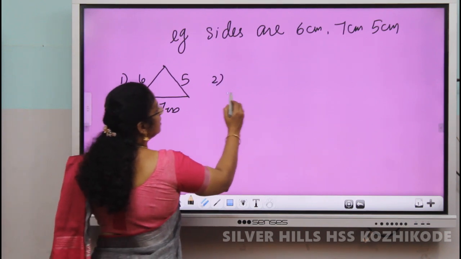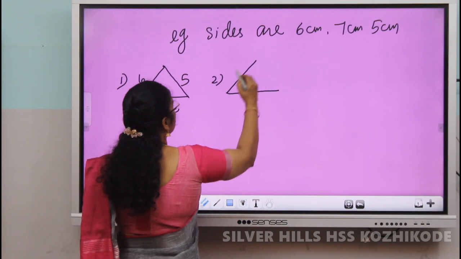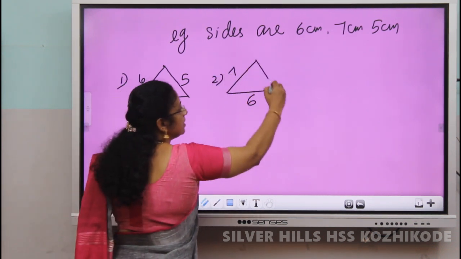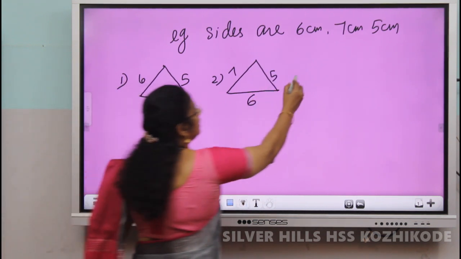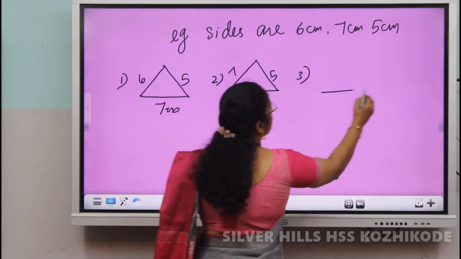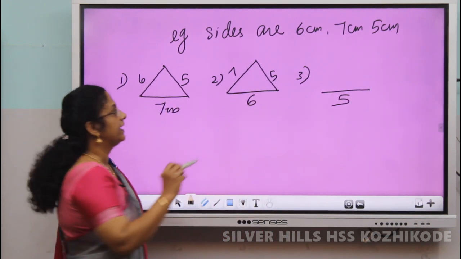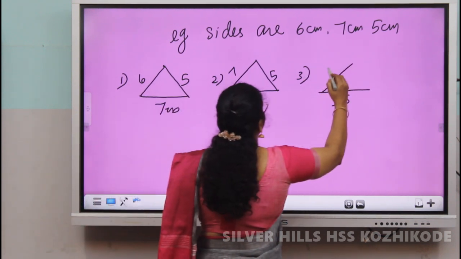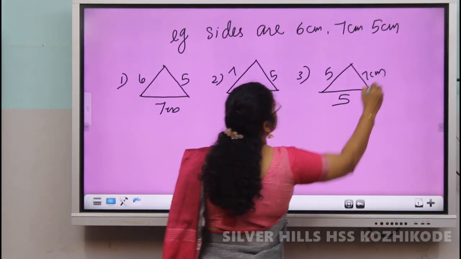Second way, 6 is base, then 7 is left side and 5 centimeter on right side. And the third type is we can take 5 centimeter as the bottom side, the left side is 6 centimeter and the right side is 7 centimeter.